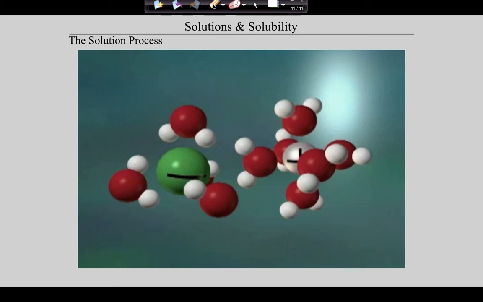Hold on. Let's say this differently. Chloride, green guy, is no longer chloride. It is now an ion that can act as a base towards water.